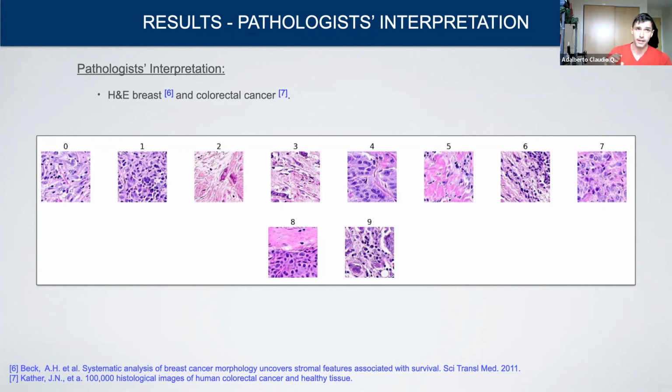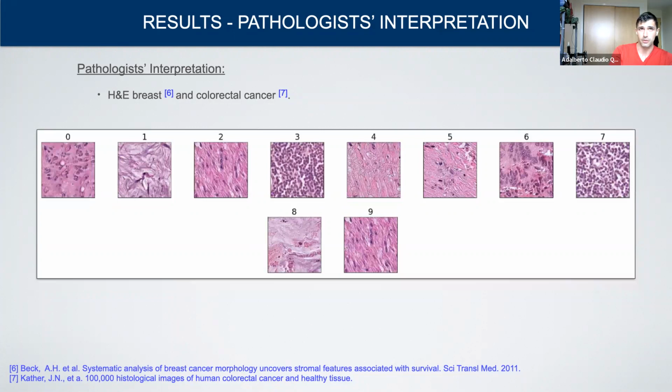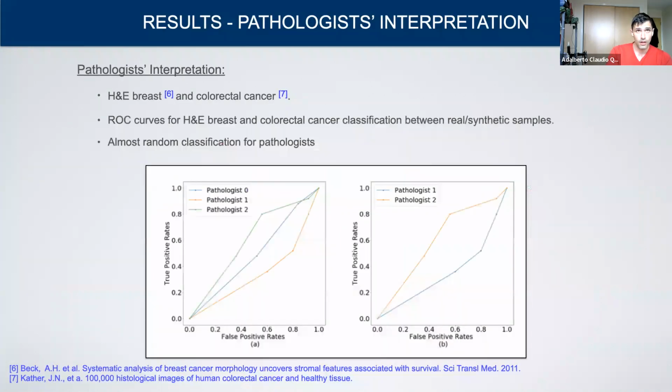I believe we gave each pathologist about 50 samples to annotate. This is an example for breast cancer, and this is another one for colorectal cancer. In the end, once you have that kind of score, you can put together an ROC curve with the classification performance.